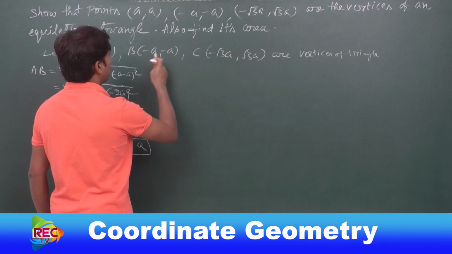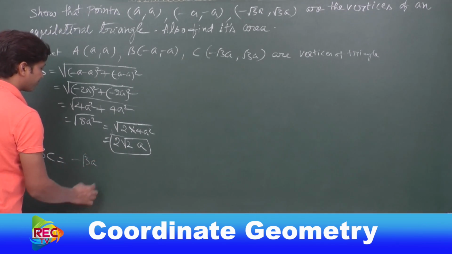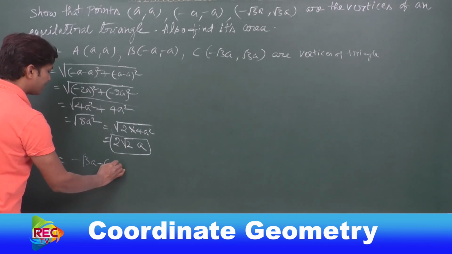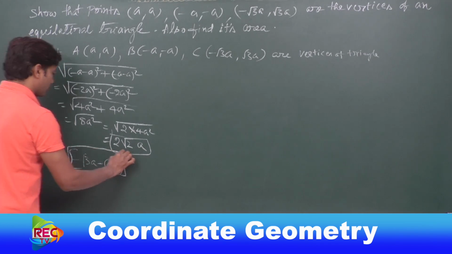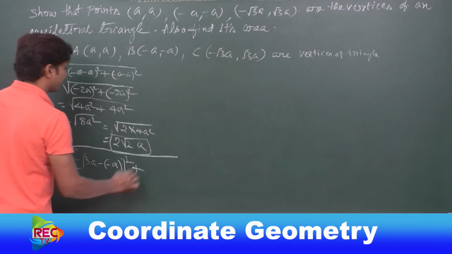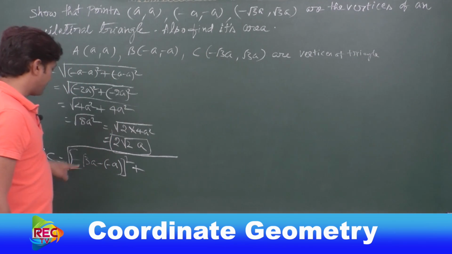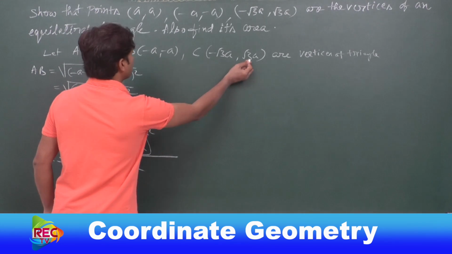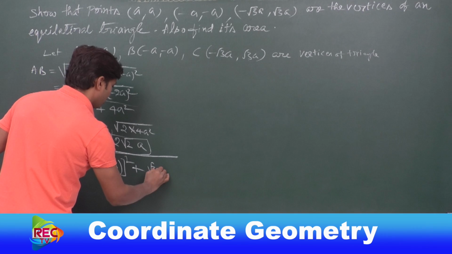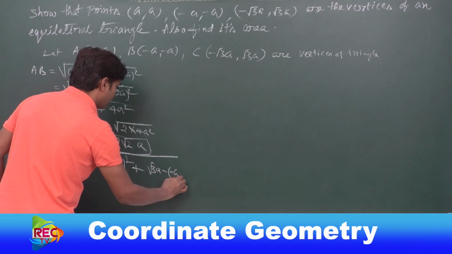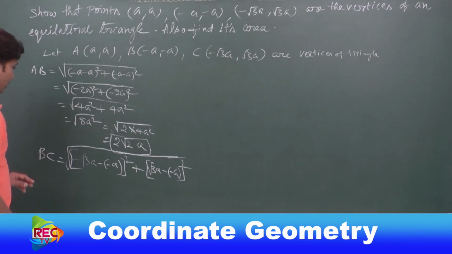Minus root 3a minus of minus a, whole square under square root, plus y2 minus y1, that is root 3a minus of minus a, whole square.